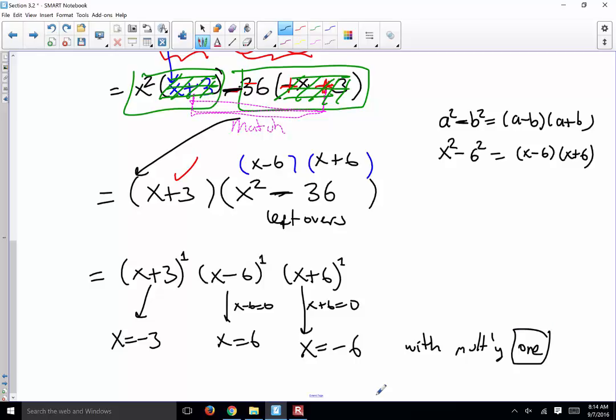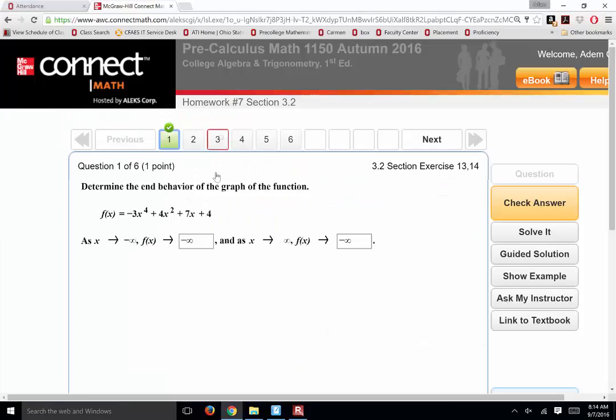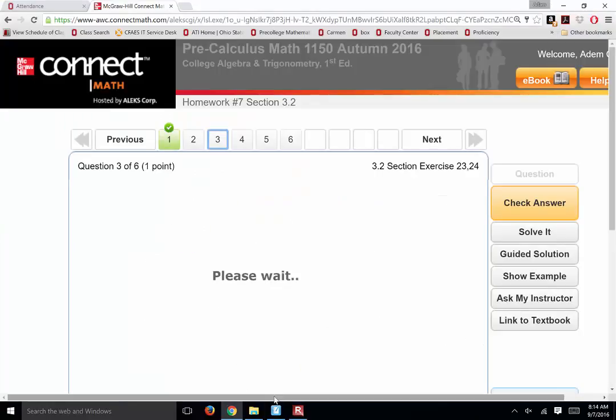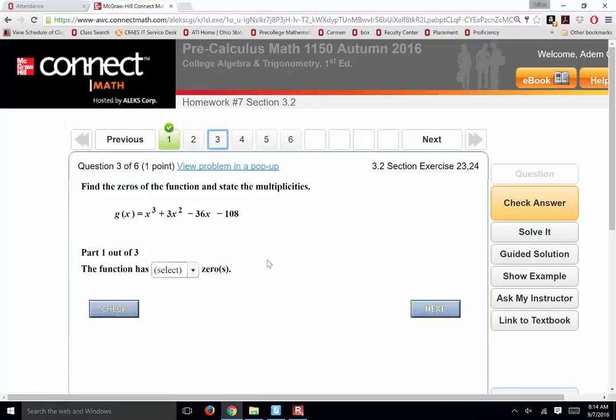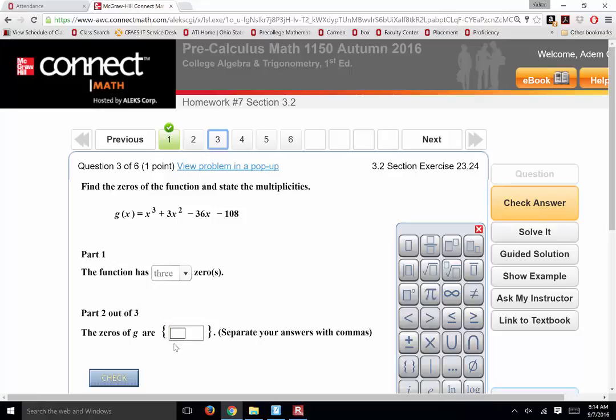Alright? Multiplicity 1. Alright, let's check if we got everything right. We found 3 zeros. Check. They were minus 2. Was it minus 2?